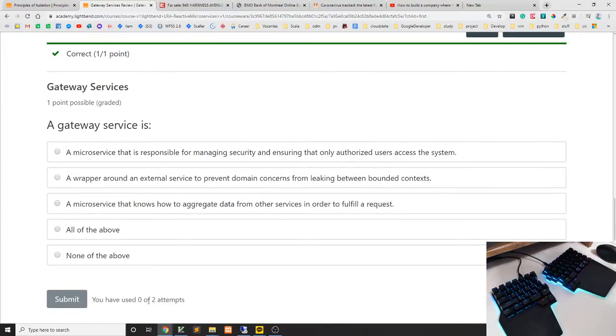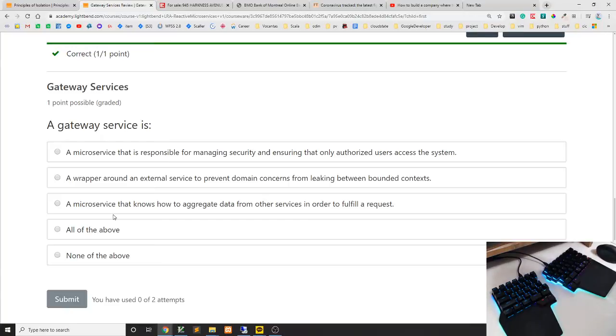What is a gateway service? A gateway service is an intermediate service that connects the client and the peer microservices. A microservice that is responsible for managing security and ensuring that only authorized users access the system?